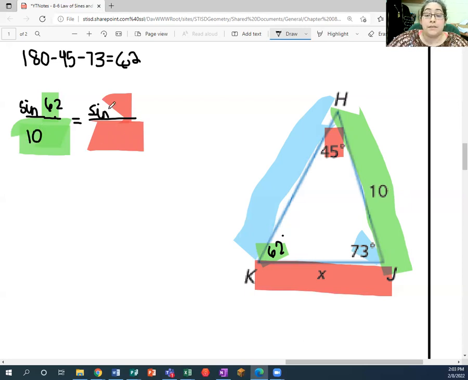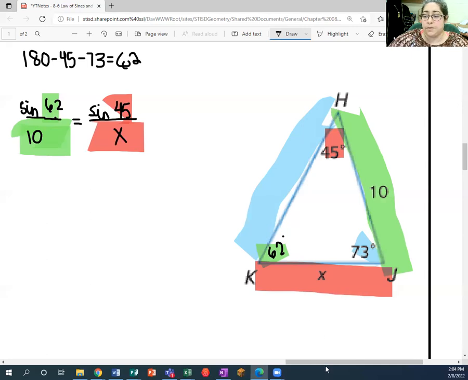And then in this other ratio, the angle that I'm looking at is this 45 degrees. Again, picking this one because I actually have some information about the side opposite that angle. Yes, a variable counts as information. It counts as I'm interested in knowing the measure, even though I don't know the measure right now. That's good enough information for us.